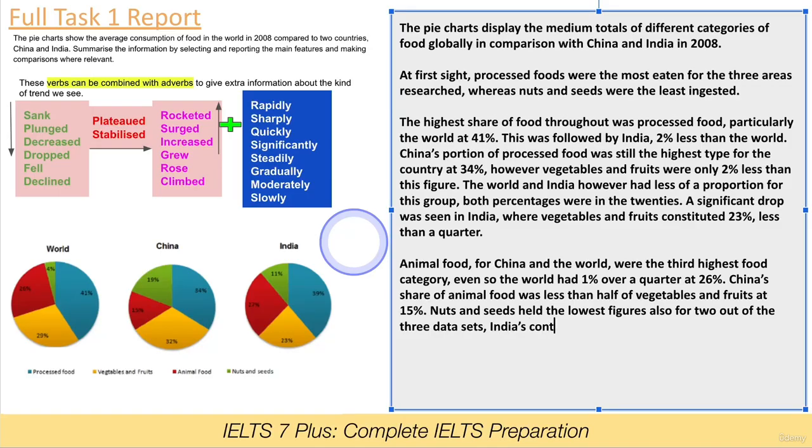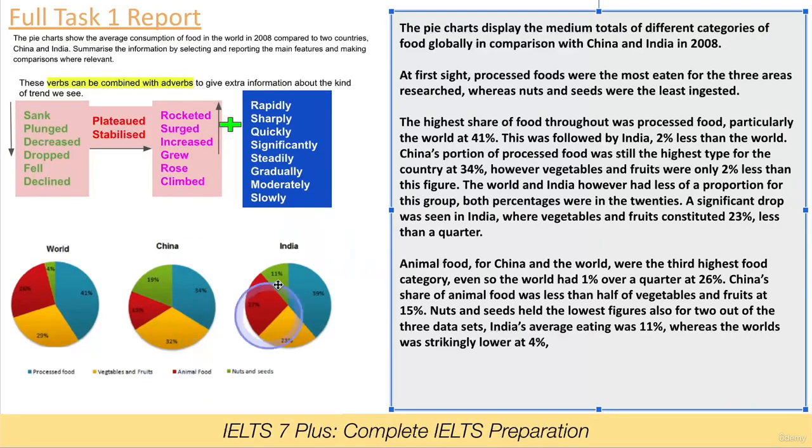India's contribution, or India's another word for consumption, average eating was 11%, whereas the world's was strikingly lower at 4%.